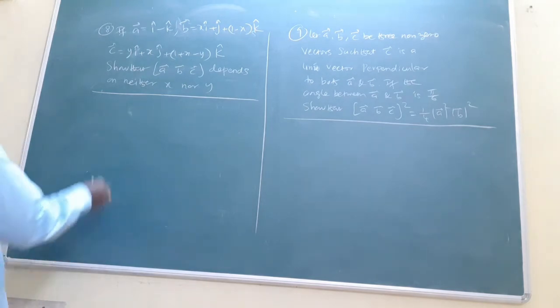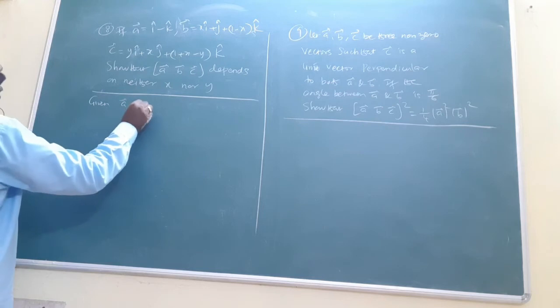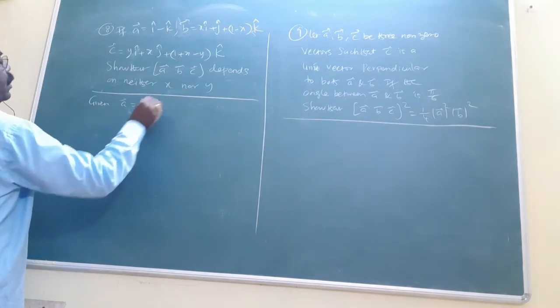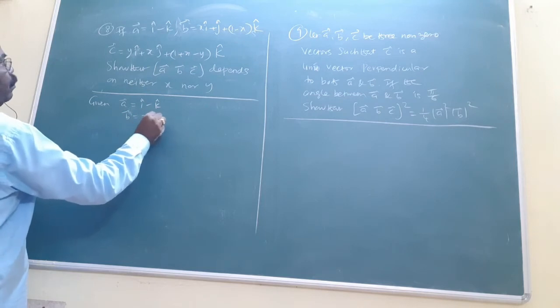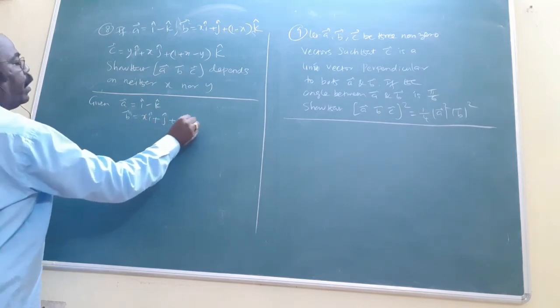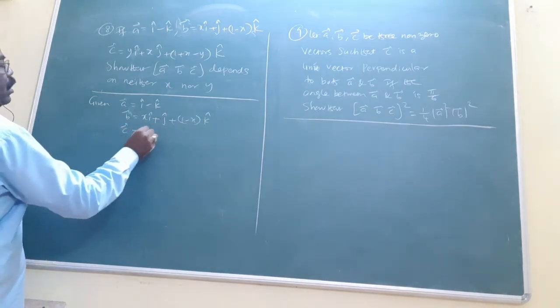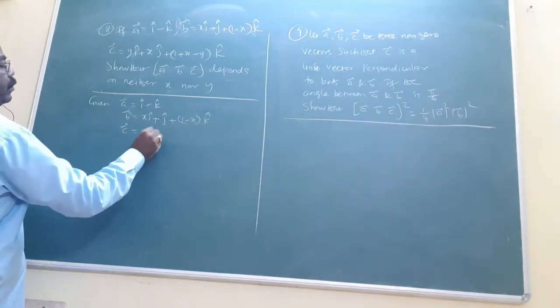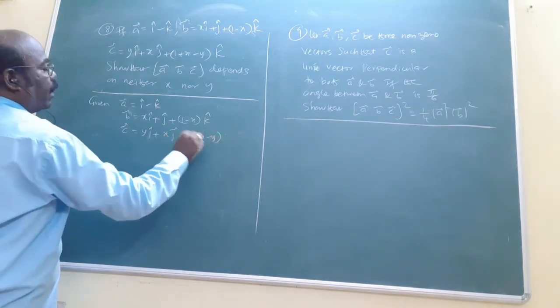Now what is given? A vector and B vector are given. A vector is I cap minus K cap, that's all. B vector equals X I cap plus J cap plus (1 minus X) K cap. C vector equals Y I cap plus X J cap plus (1 plus X minus Y) K cap.